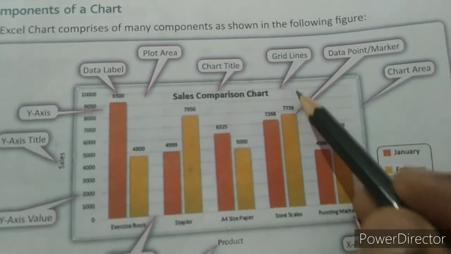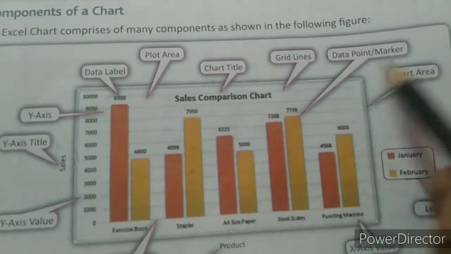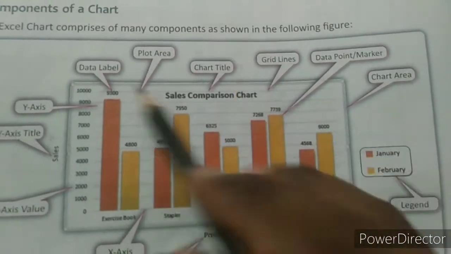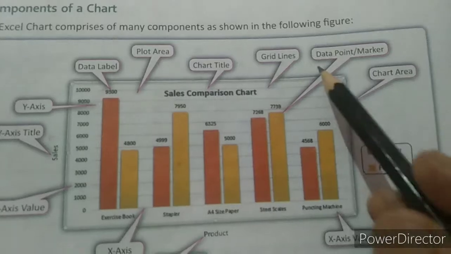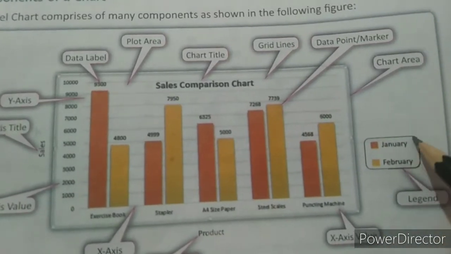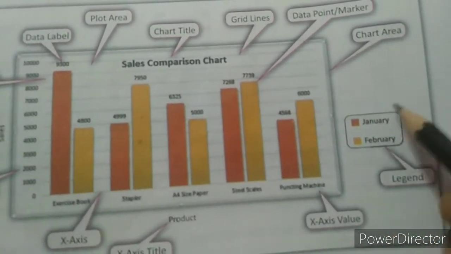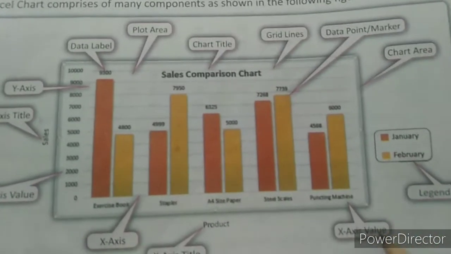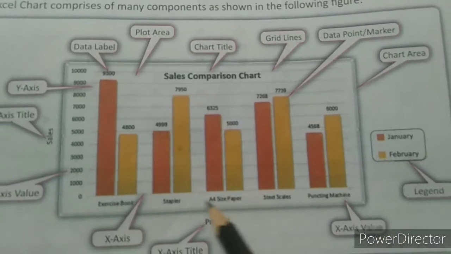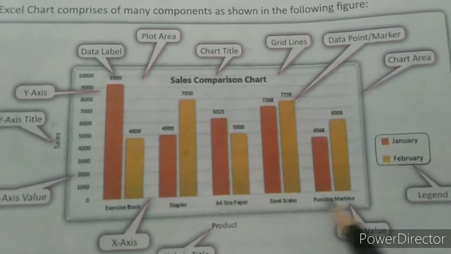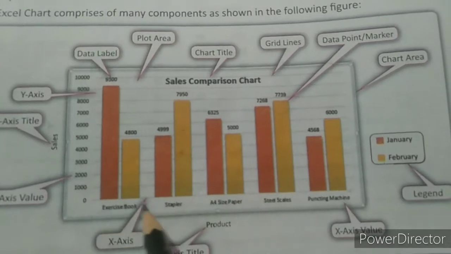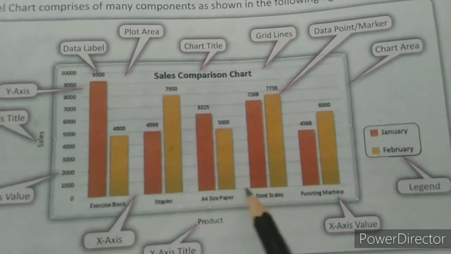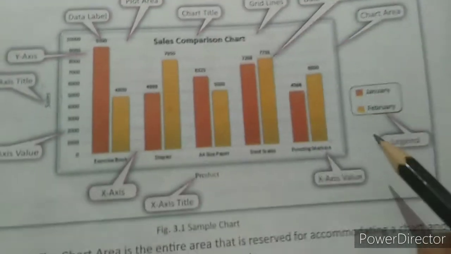These are grid lines. This is the data point marker. After that, the chart area, this is the whole chart area. Now here the legends are there, showing which thing has been shown. Here on the axis, values are put, right? And this is the x-axis, right? So these are the things.